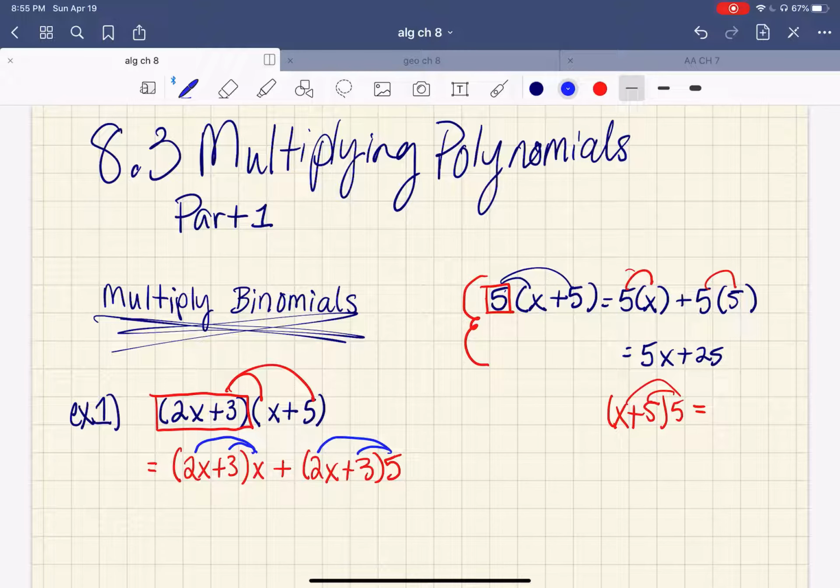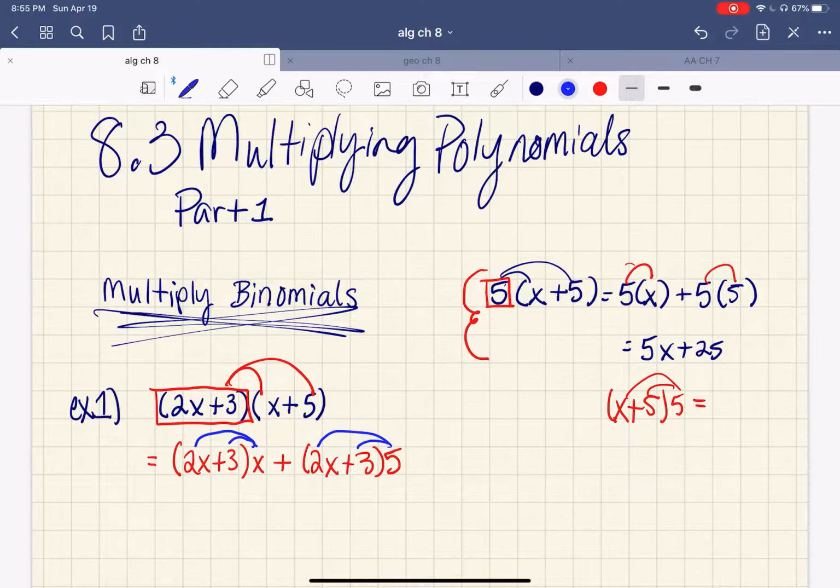So now I need to start simplifying this expression, as I was saying. So I'm going to use the distributive property, and I do 2x times x plus 3 times x plus 2x times 5 plus 3 times 5.